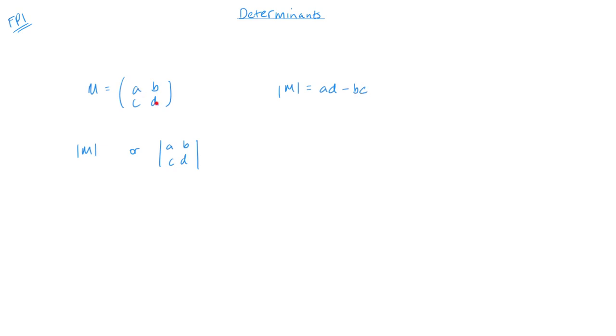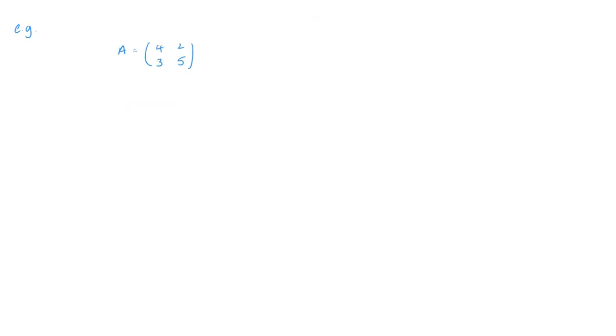So it's these two multiplied together minus these two multiplied together. So if I have this matrix A, the determinant of A is AD minus BC. So AD is 4 times 5 minus BC, which is 2 times 3. Or 20 minus 6, 14.